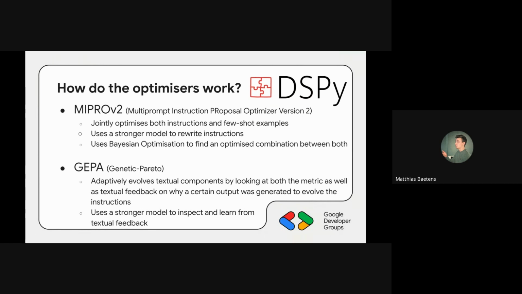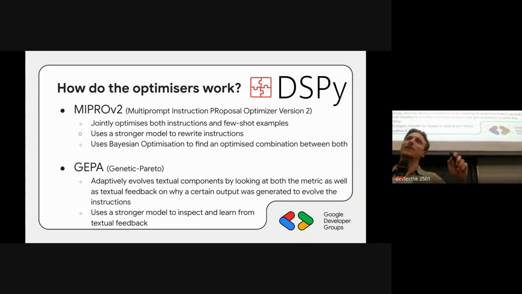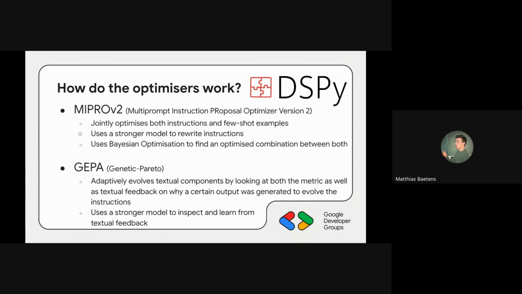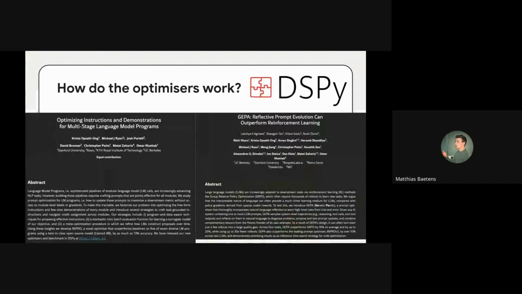Similarly with GEPA, but it takes a different approach where it looks at the examples that are specified and uses that as feedback for the model rewriting the instructions as well. They come with two papers, so they come with deeper details, that's for you to read.